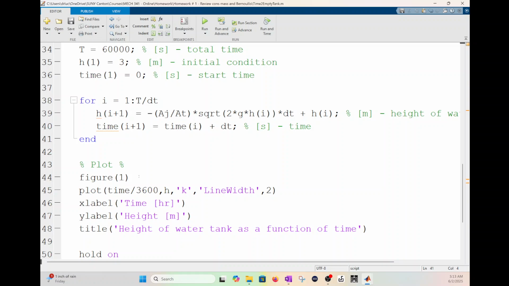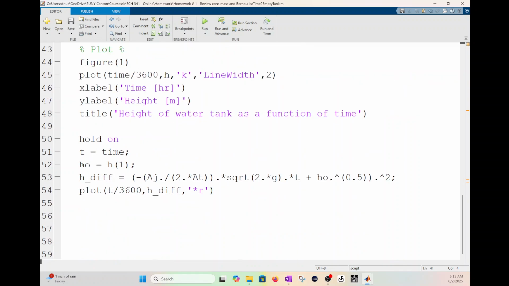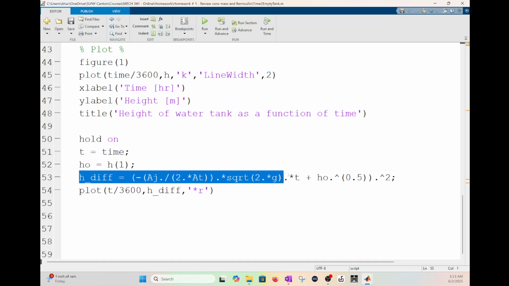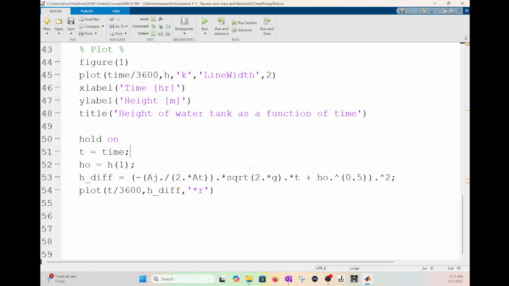Now, why am I showing this? Because down here, really line 53, is that equation that I just solved. It is the theoretical method after solving that differential equation. I basically take that equation and plot it on top of my numerical method to make sure that they match.